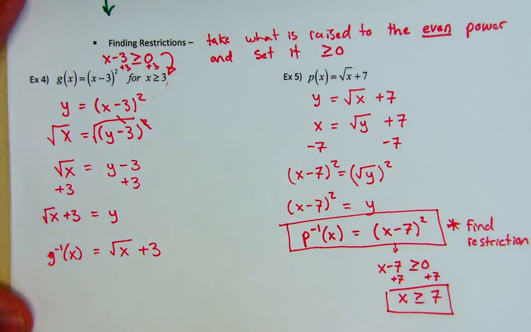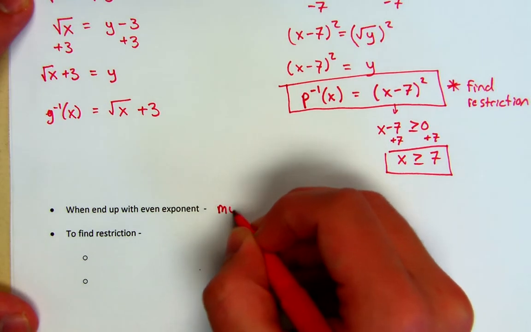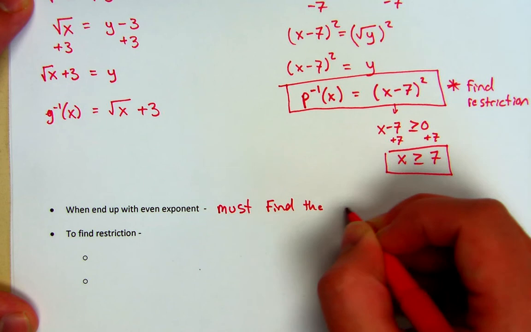So when you end up with an even exponent, you must find the restriction.